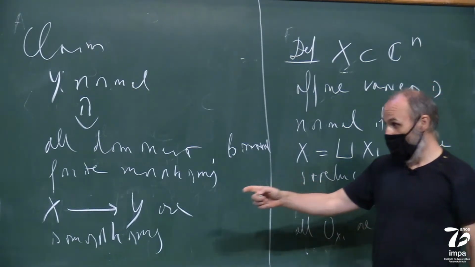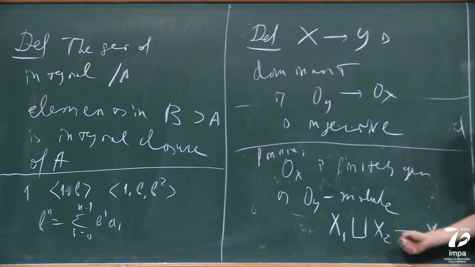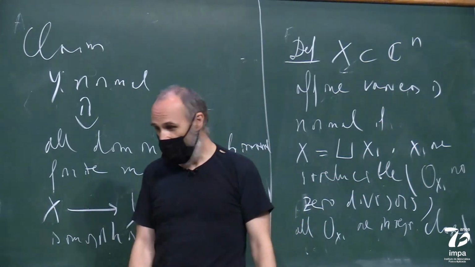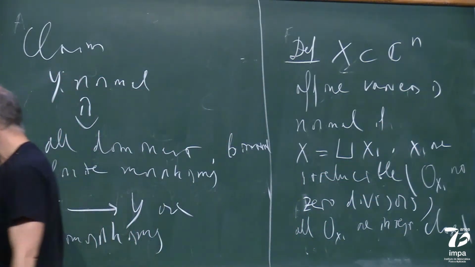Yes, X should be reducible, so you do it for several components. Of course. We never considered any non-reduced rings because they are all rings of functions on some affine varieties, so all our rings are reduced.